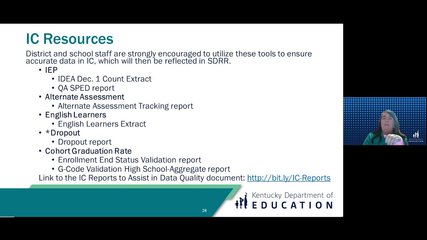We also have, just to reiterate, even though dropout is already done by this time, I always give you that resource to help you further next year for dropouts. And also for your cohort, to make sure that your students are pulling for the current cohort, and links to those are on this particular page.